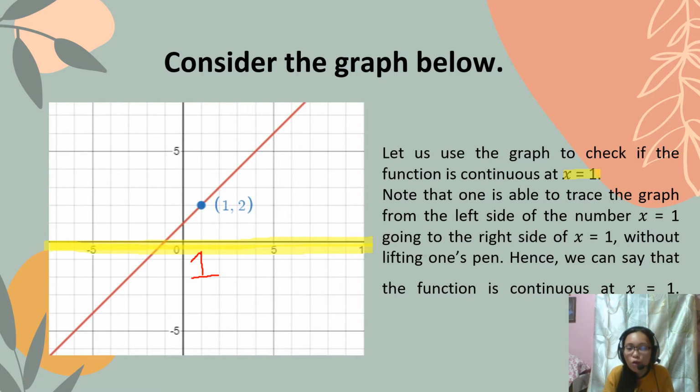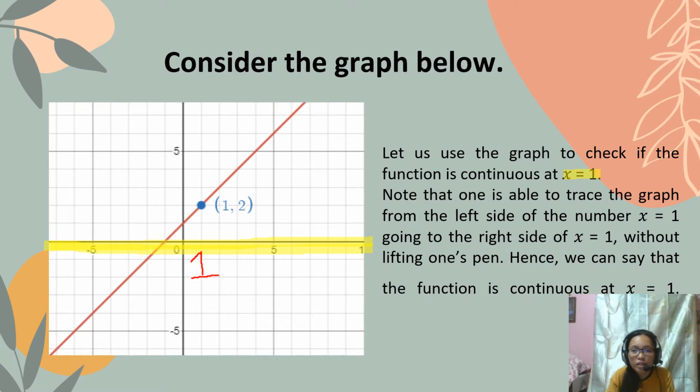There is no break. So meaning to say the graph is continuous. It's very smooth and it's extending indefinitely. So you cannot say, oops, when I trace from left to right. It is very smooth. So it is very clear that the graph is continuous, and a linear function is a continuous function.